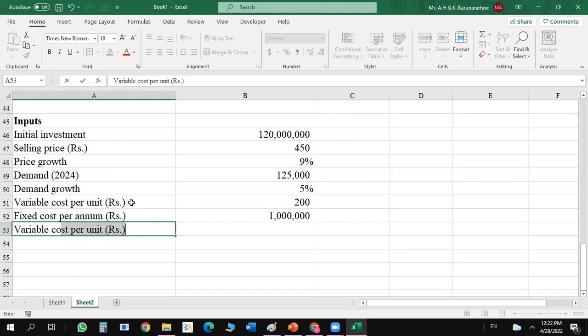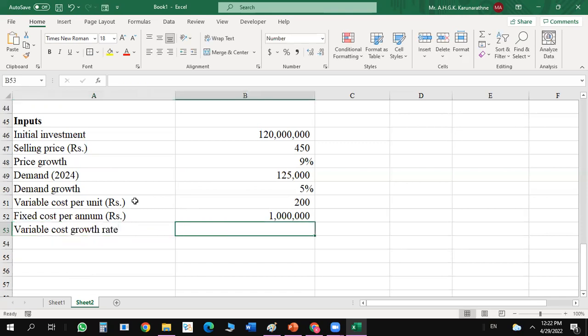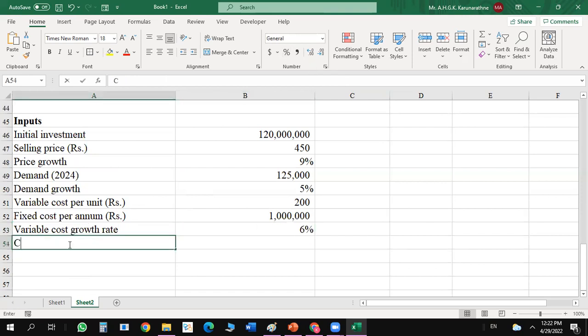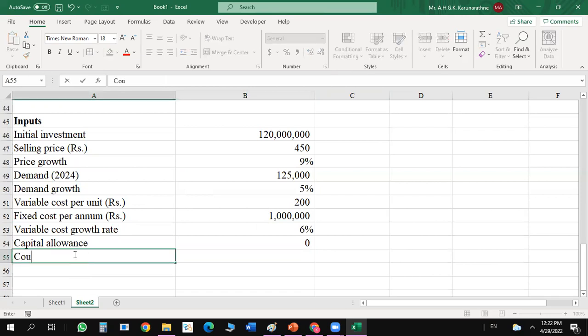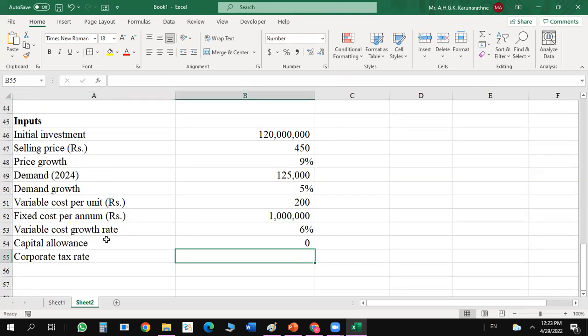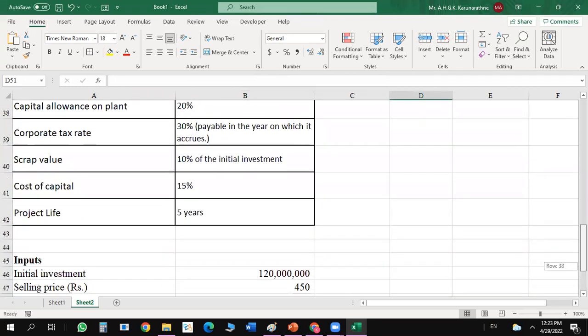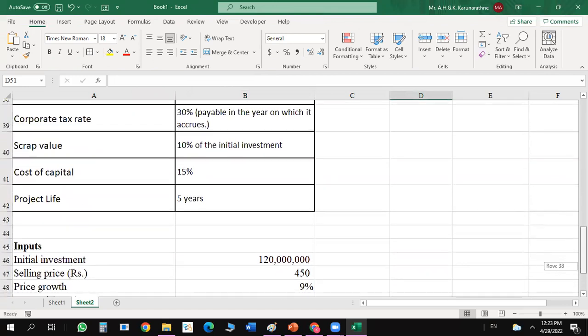So these are the information given. Cost of capital is 15%, project life is 5.